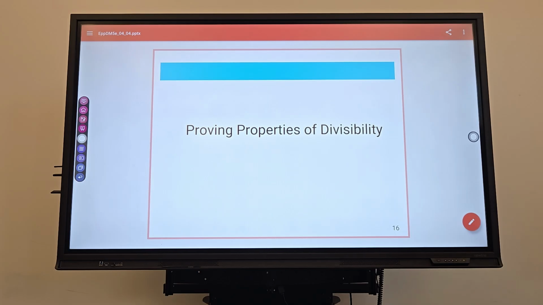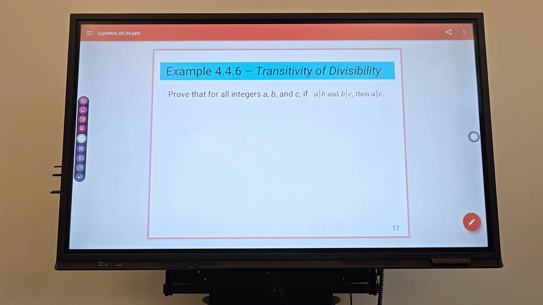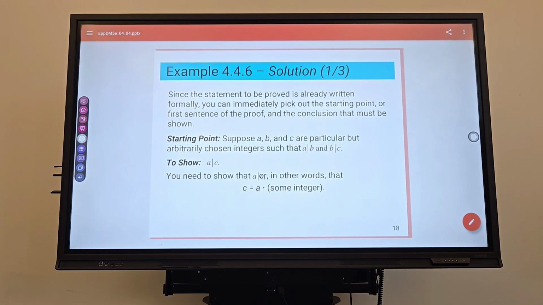Proving properties of divisibility. Prove that for all integers a, b, and c, if a divides b and b divides c, then a divides c. Transitivity of divisibility. See if we can prove that.